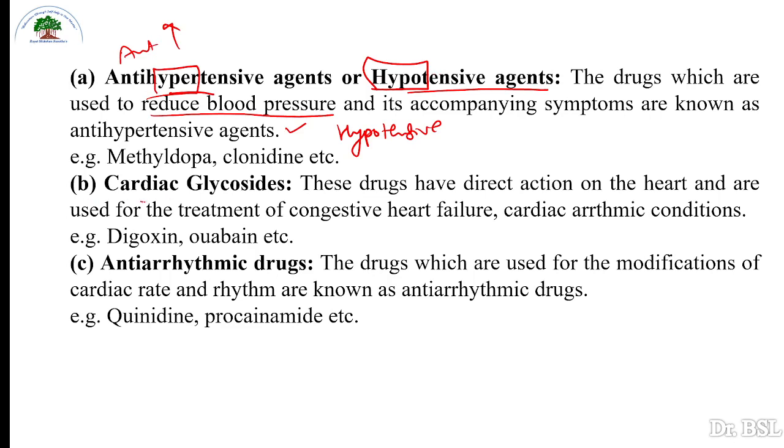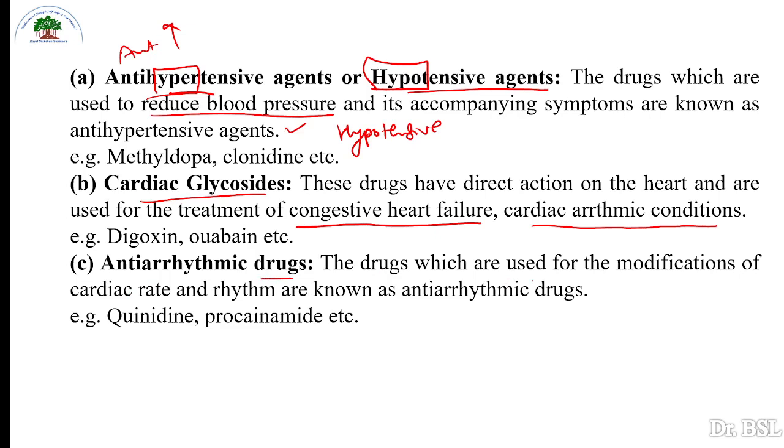Then cardiac glycosides. These drugs have direct action on the heart and are used for the treatment of congestive heart failure and cardiac arrhythmic conditions. Then the third subtype in cardiovascular agents is anti-arrhythmic drugs.